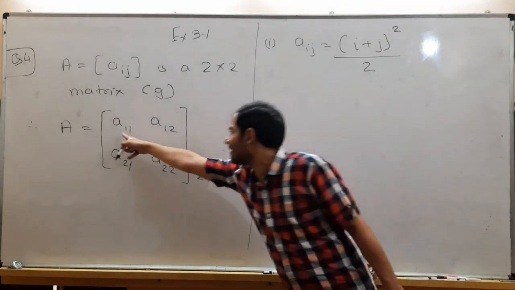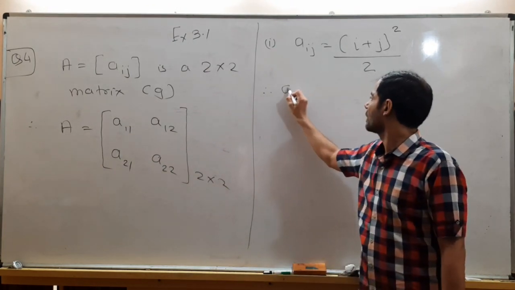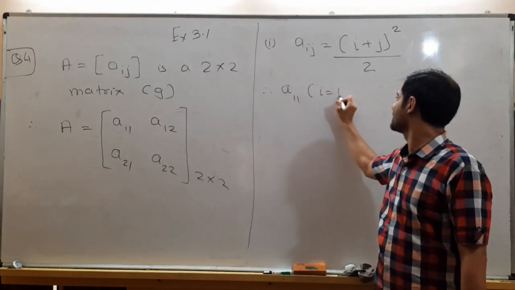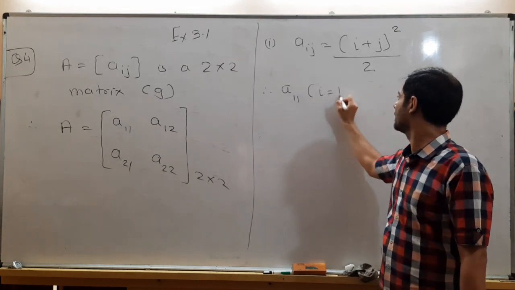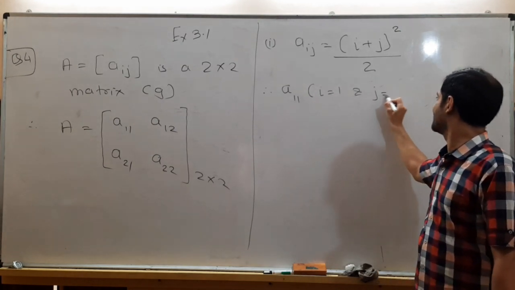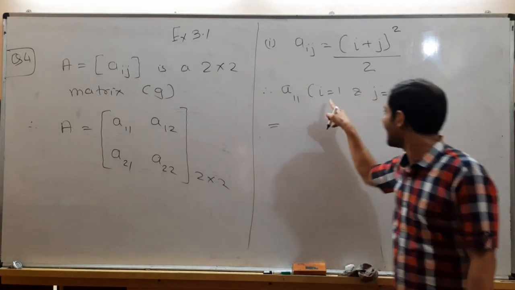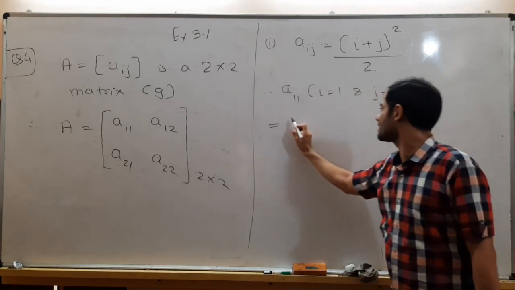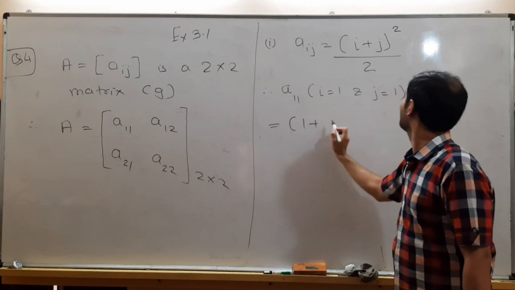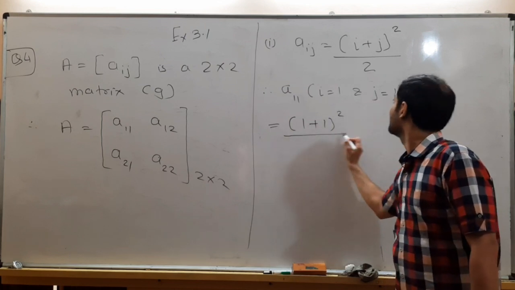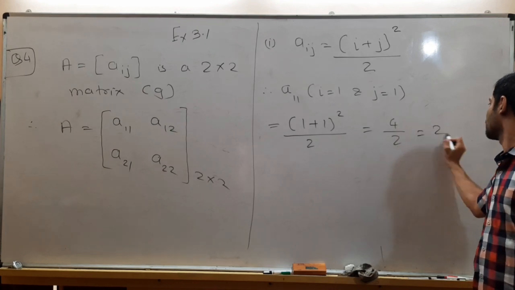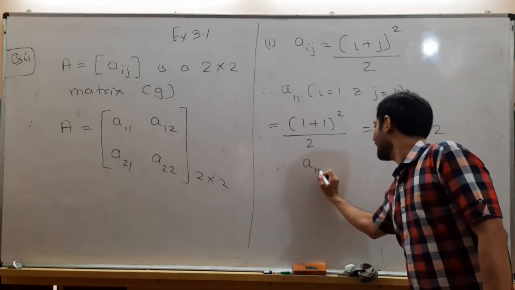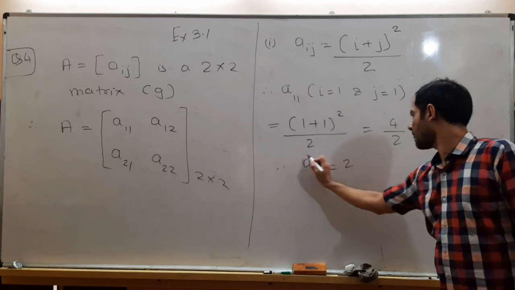So for finding A11, I will substitute i is equal to 1 and j is equal to 1 in this formula. So A11 will be equal to (1 plus 1) the whole square by 2. 1 plus 1 is 2, 2 square 4, 4 by 2 is 2. So therefore A11 is 2.